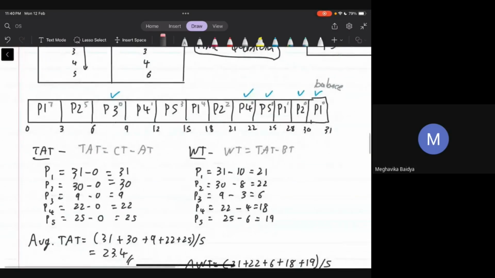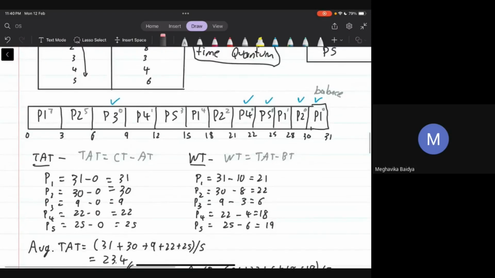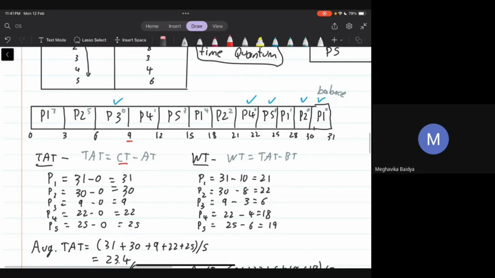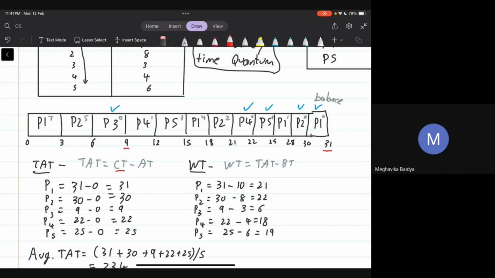Same thing, for TAT and WT, you'll have to be a bit careful here. The issue is you have to look at the completion time of the process. Because it's going round and round, you can only take the completion time of when it actually got completed. So for P3 it was 9, but for P1 the completion time is 31. So you have to take the appropriate number.